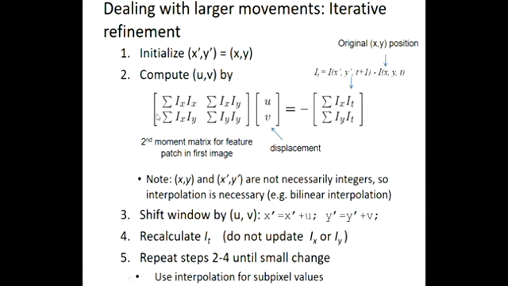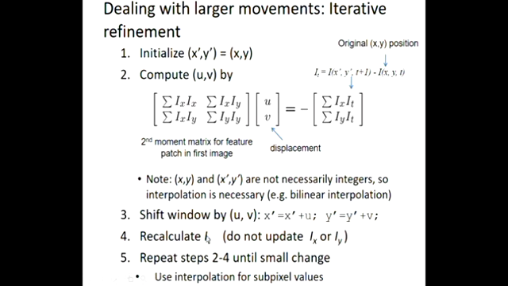So now I've got some estimate of the displacement. And so now my next guess of where the point is at frame t plus 1 is x prime plus u and y prime plus v. So now I recalculate the gradient in the time direction.